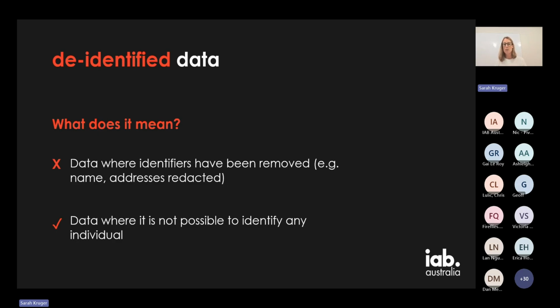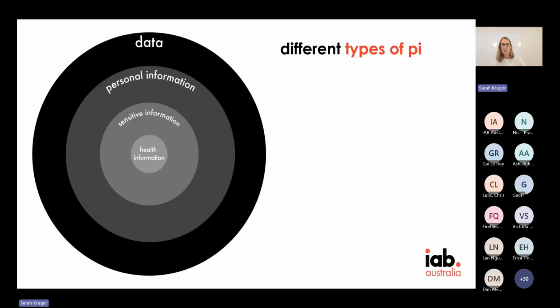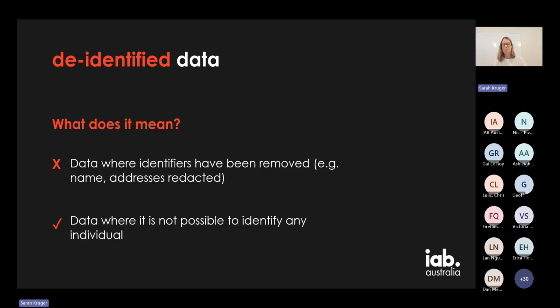If it is not possible to identify any individual from the data, then it will not be PI. So if you think back to your big pool, it'll be in this external black ring. You're not subject to any of the privacy rules. But this is often very difficult to decide in practice.